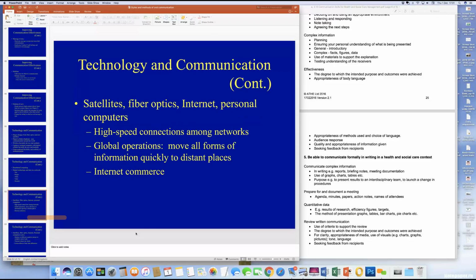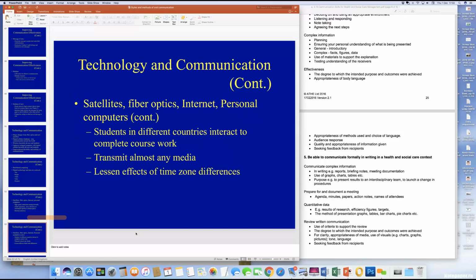All this is becoming possible because of the speeds of internet, satellite, fiber optics, and personal computers as computing power increases. As the world expands and gets connected, more and more people are able to get connected because of the digital nature of technology.